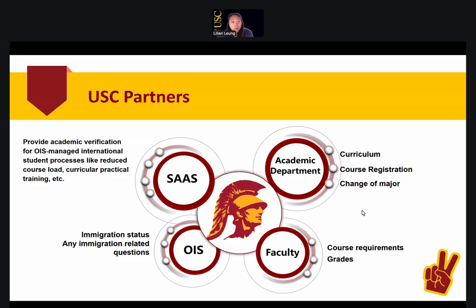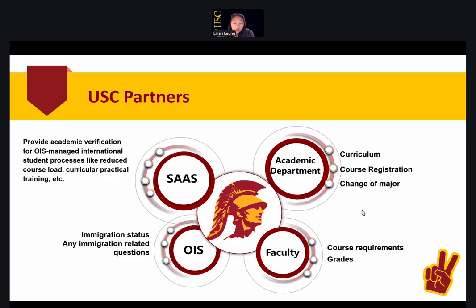We are mainly the ones who just provide verification. And then we have OIS, the Office of International Students, a very important office. Any questions you have about immigration status, any immigration-related question, you'll be contacting OIS.